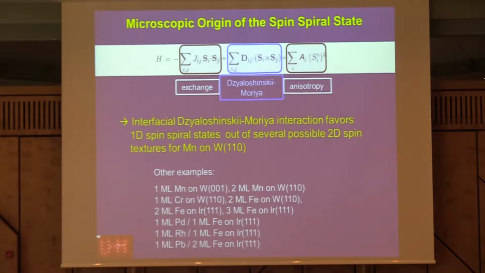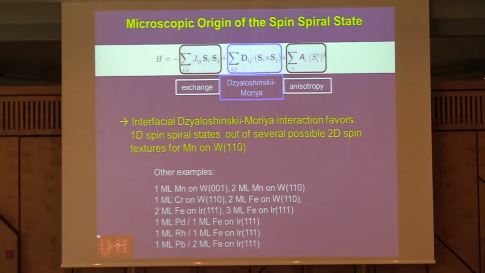We also looked at various transition metal films, not only manganese, chromium, iron, and so on, but also bilayer systems like palladium iron, rhodium iron, lead iron, and so on. So I can add another 10 examples at least here. So that's quite a unique feature: due to this interfacial Dzyaloshinskii-Moriya interaction, the system tends to exhibit such non-collinear spin states. However, it is not true to reverse this and say, oh, we should always expect some non-collinear states.